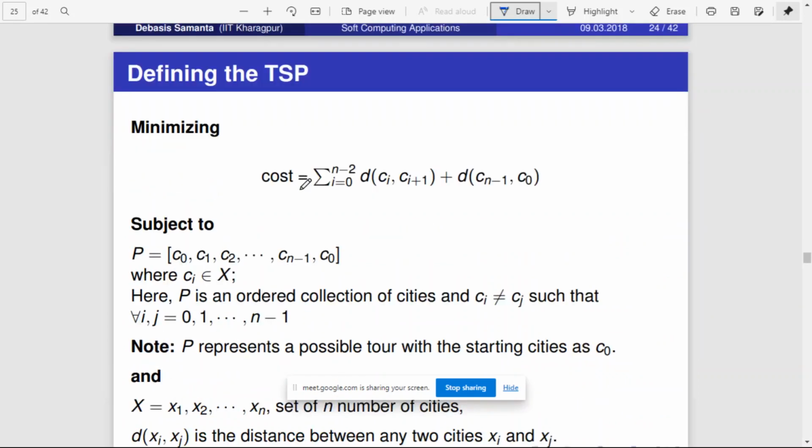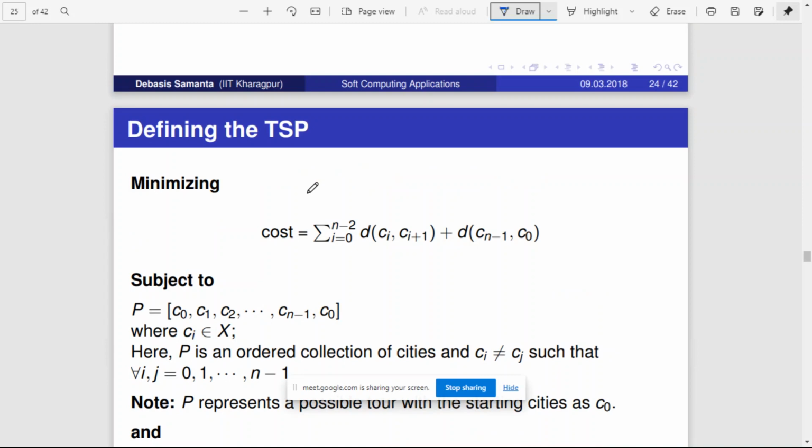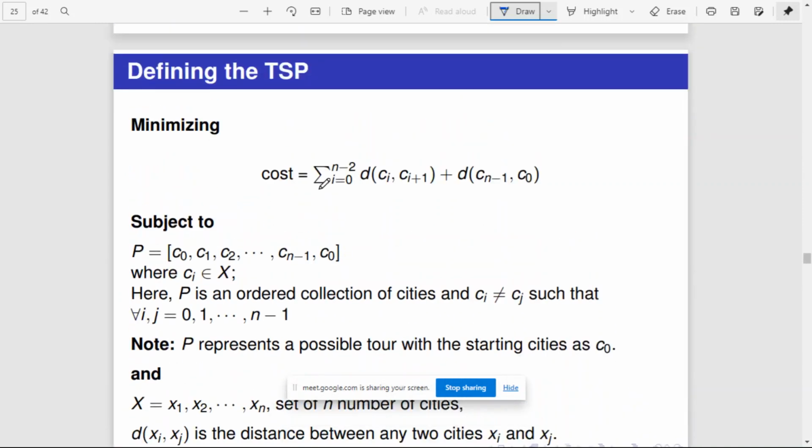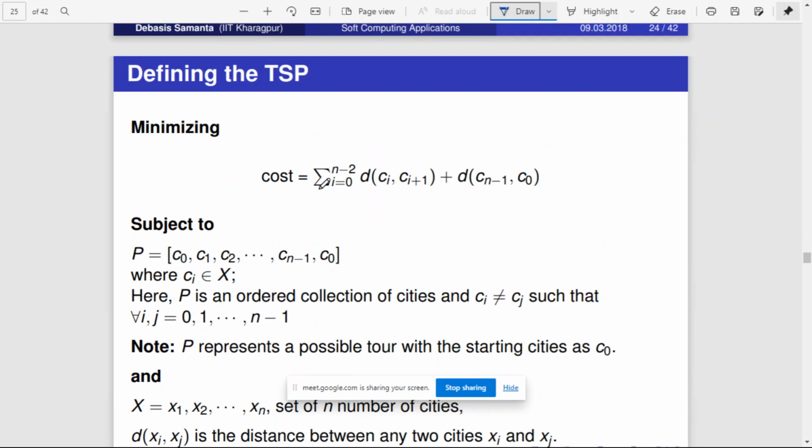So this is how we can define the problem mathematically. Mathematically, what is our objective in the traveling salesman problem? What is our objective? Could someone state it? To minimize the cost. And what is the constraint?